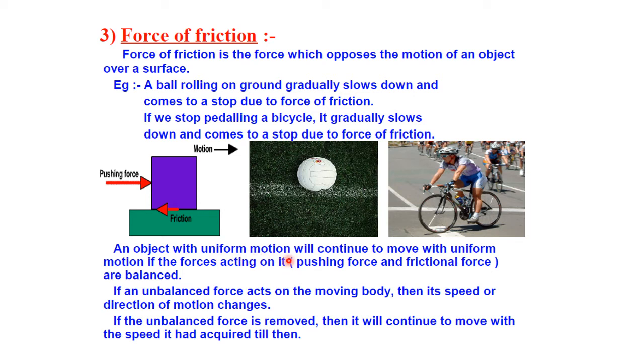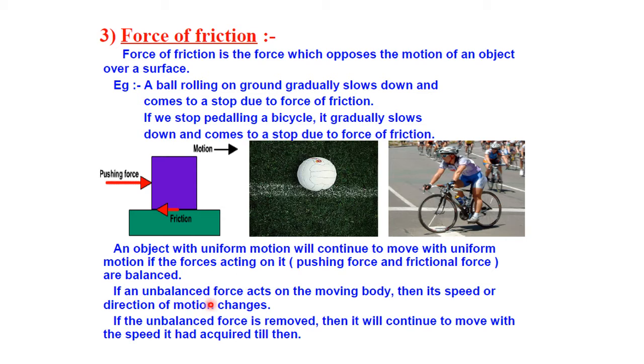An object with uniform motion will continue to move with uniform motion if the forces acting on it are balanced. That means if the pushing force and the frictional force on the moving object are the same, it will keep on in uniform motion.